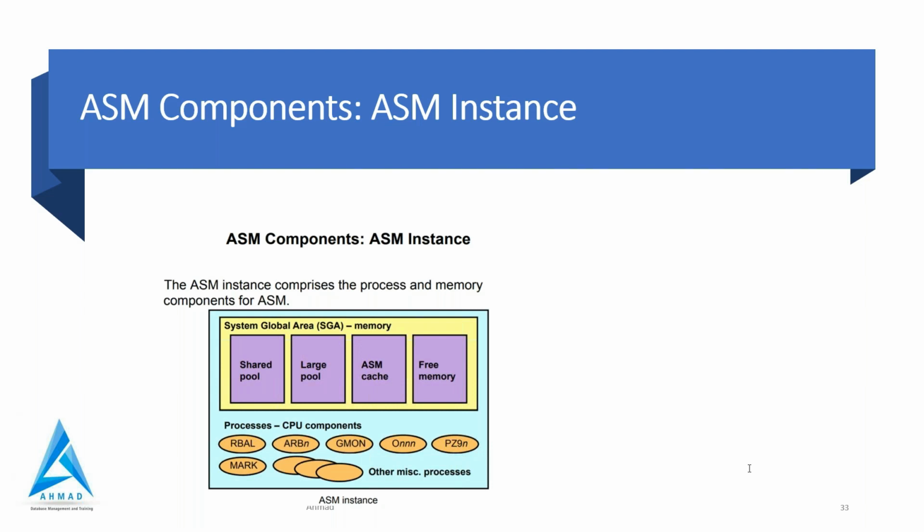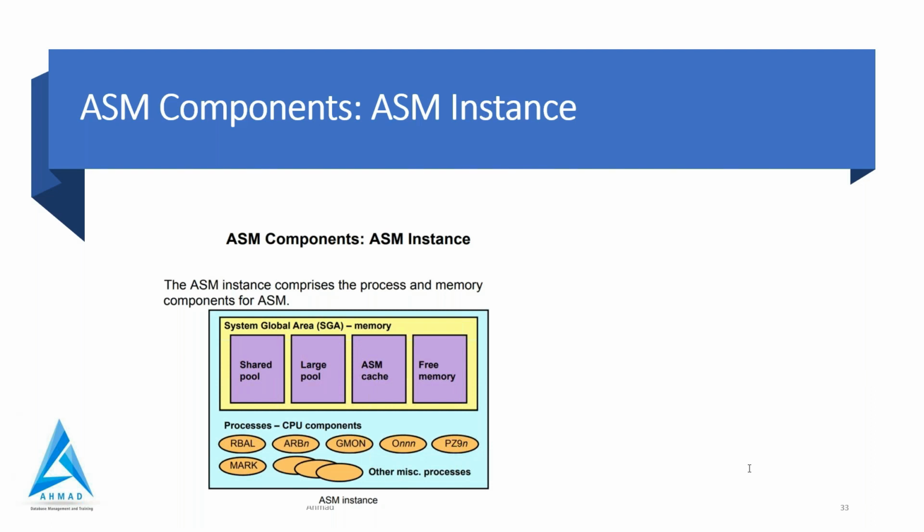Clear? The combination of background processes and the SGA is called an Oracle ASM instance. The instance basically represents the CPU and RAM components of a running ASM environment. The SGA in an ASM instance is different in memory allocation and usage from the SGA in a database instance.